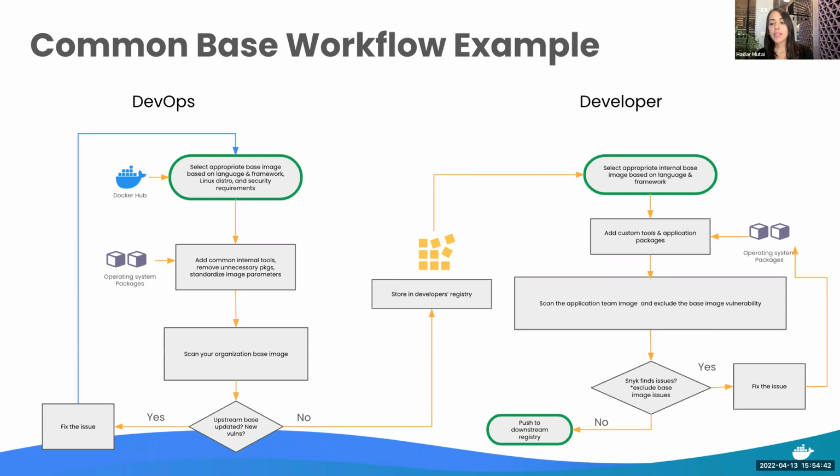Then he adds his packages for his own needs and additional application layers, and scans the image once it's ready using a container security tool. If it has vulnerabilities, then they should be addressed and fixed.